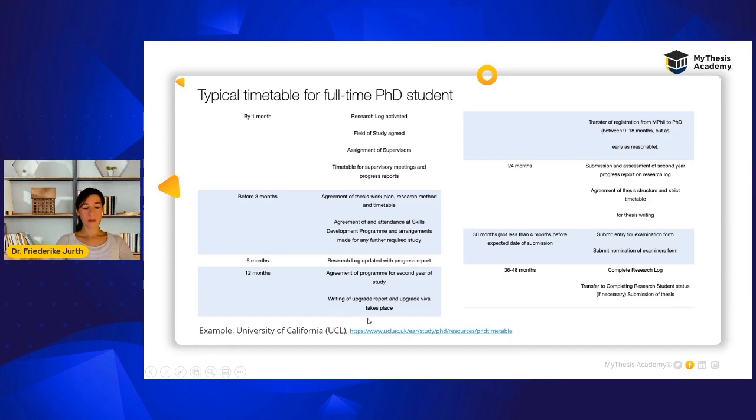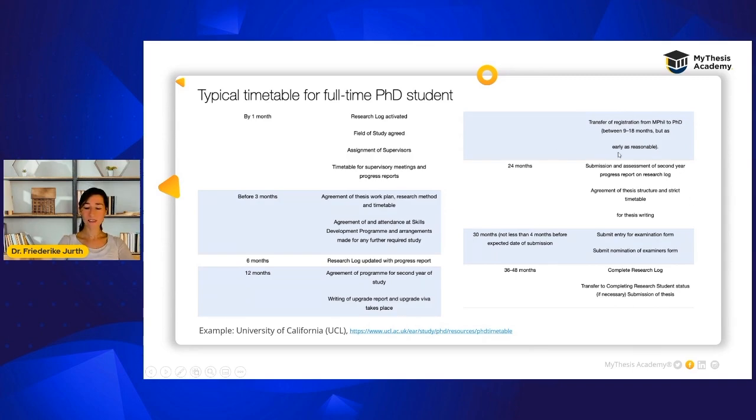Well, also in the first year, at the end of the first year, you have to write an upgrade report and you have to attend an upgrade viva, so an oral defense. Then there will be the transfer of the registration to a PhD.